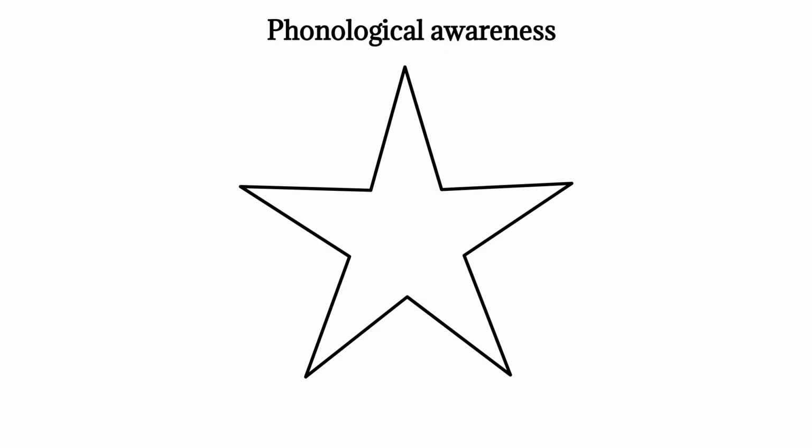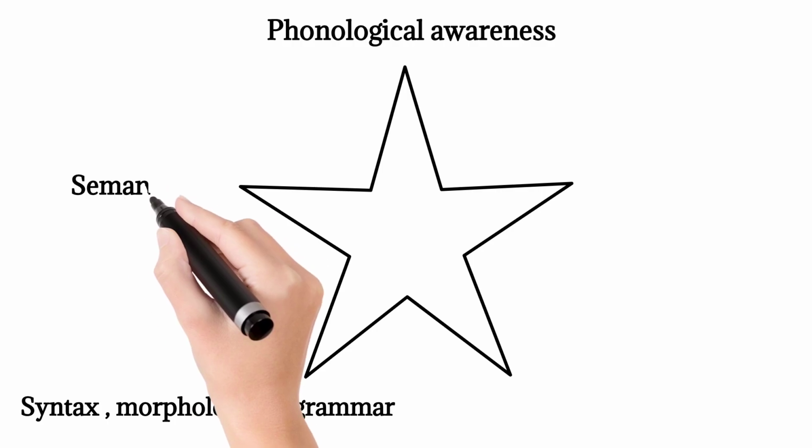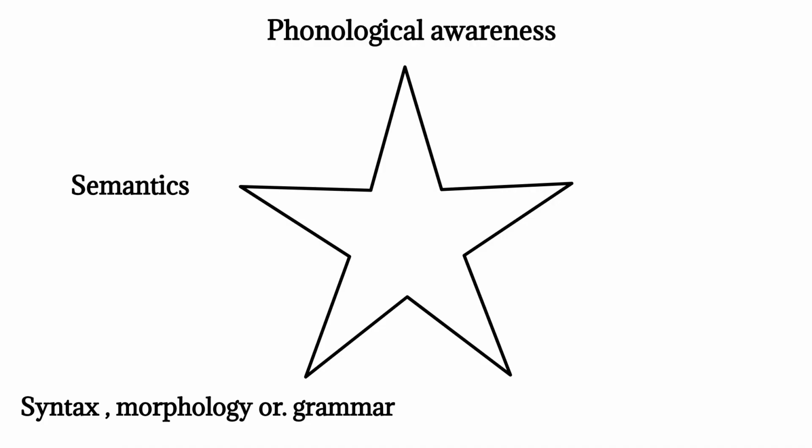Second is the syntax, morphology, or grammar. That is the ability to use language rules, for example, regarding word endings and how words are combined to form sentences. Third is semantics, the ability to understand, learn, and use language to convey the meaning of words and sentences.